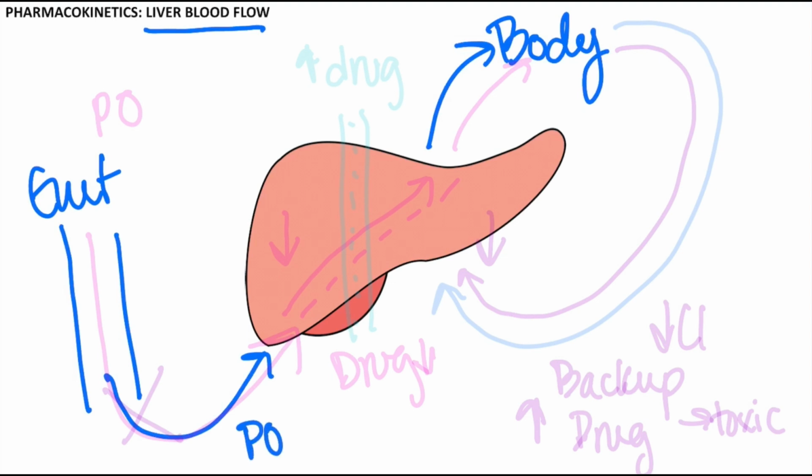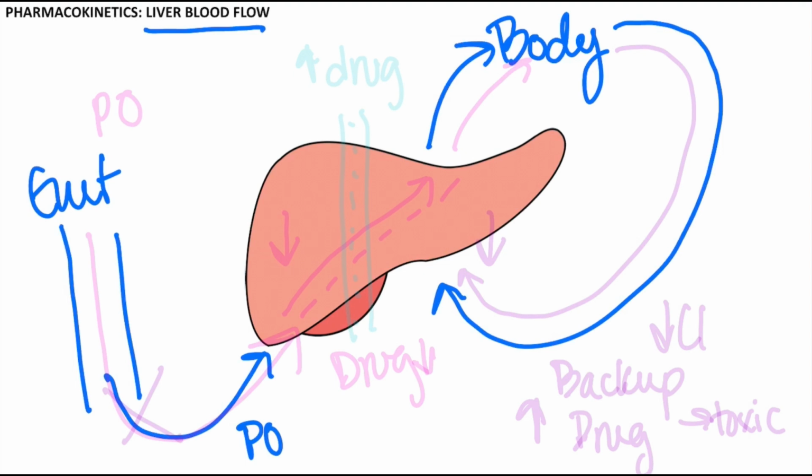And now once this drug is sent out to the body, it can elicit its effects and then return to the liver to be metabolized and eventually excreted by the kidneys, for example. Well, as you can imagine, reductions in liver blood flow can alter how drug is metabolized and delivered to the liver. But this is where there's a lot of nuance that I mentioned before. And this will be sort of drug specific.